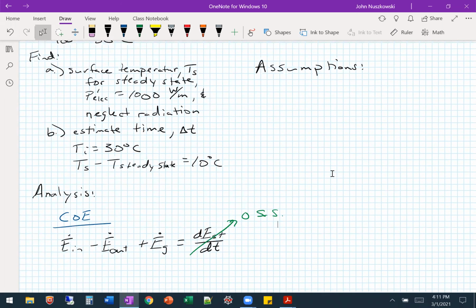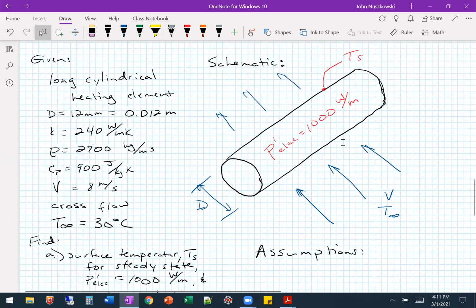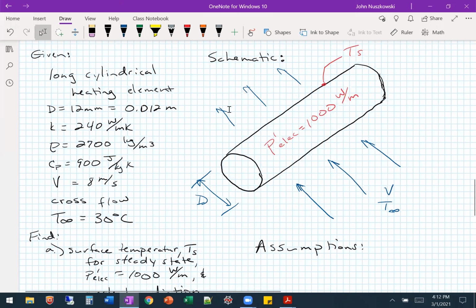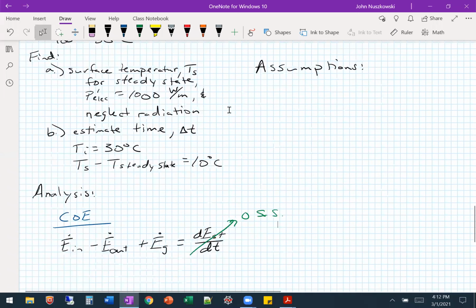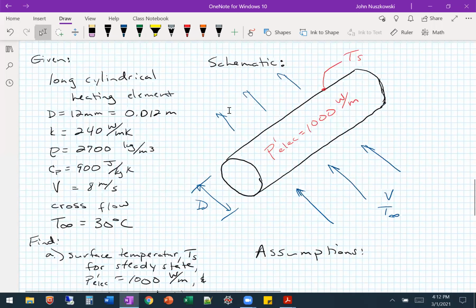Is any one of those terms canceled, and which one? We know we have this electric 1,000 watts per meter. Is that in, out, or generated? That's generated, right? And then the other thing: we said neglect radiation, but we're in the convection chapter, so we're going to have convection at the boundary.